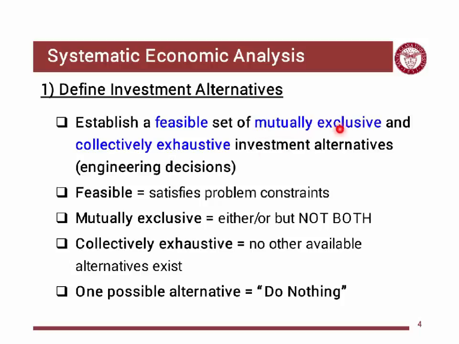The next one is mutually exclusive, so there's no overlap between them, and together they represent the whole possible alternatives. So if one of the alternatives is a mix of two, then you need to mix these two and include that as a third or whatever additional alternative in the design or in the analysis. These are the conditions to define an alternative for a design or engineering problem.